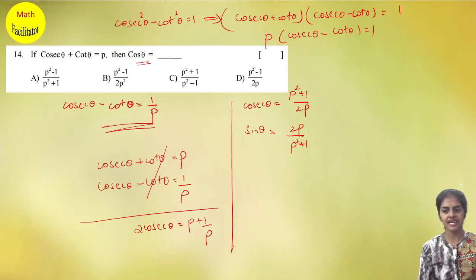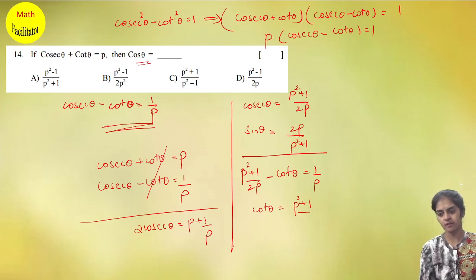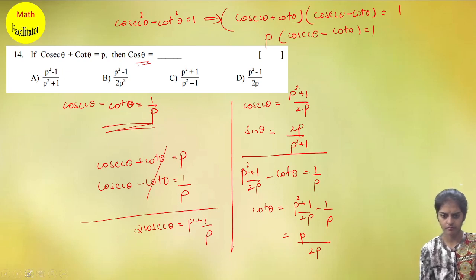Now if we substitute in any one equation, cosecant theta is (P square plus 1) by 2P, and cot theta equals 1 by P minus... one second.